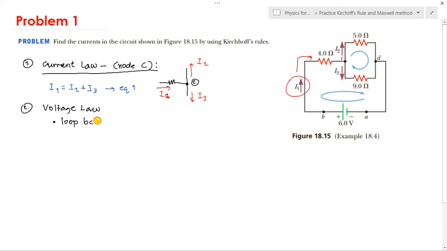If we draw this, we have here the power source with positive and negative signs, then the 4 ohm resistor, a resistor going down, another going up, and then the return. This is our 4 ohm resistor and this is our 9 ohm resistor. Here we indicate the assumed direction of our current.